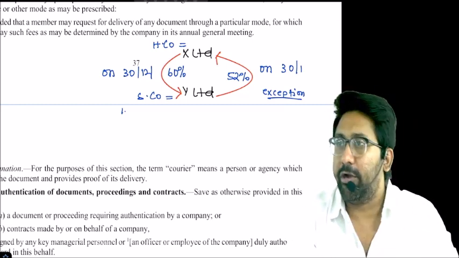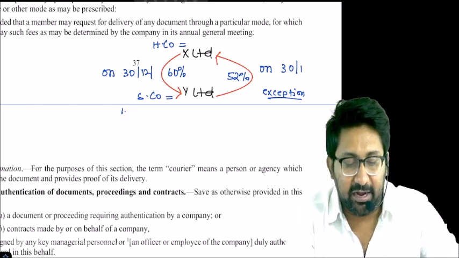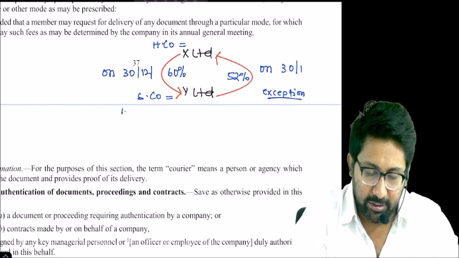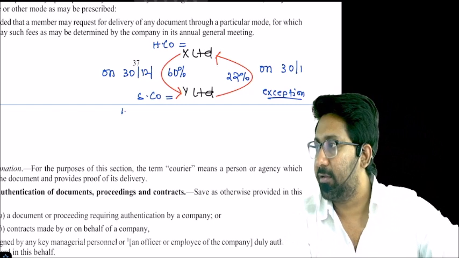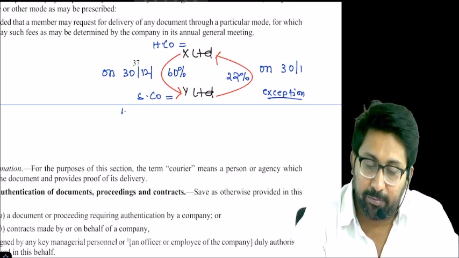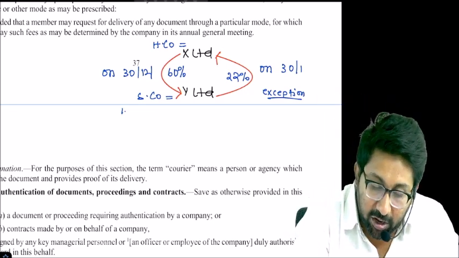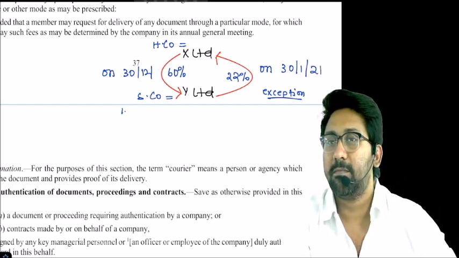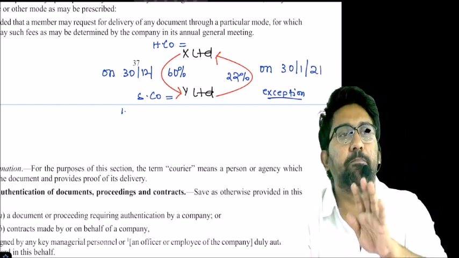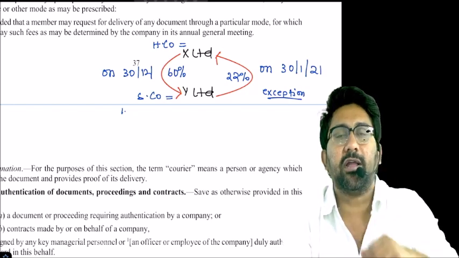Now listen to the point. Y Limited is holding shares in X Limited worth 22%. How much percent? 22% it is holding from 31/20/21 itself. Now tell me, is this a pre-holding or post-acquisition holding?